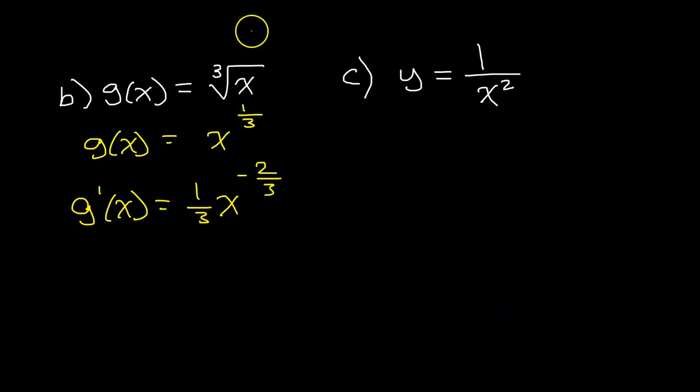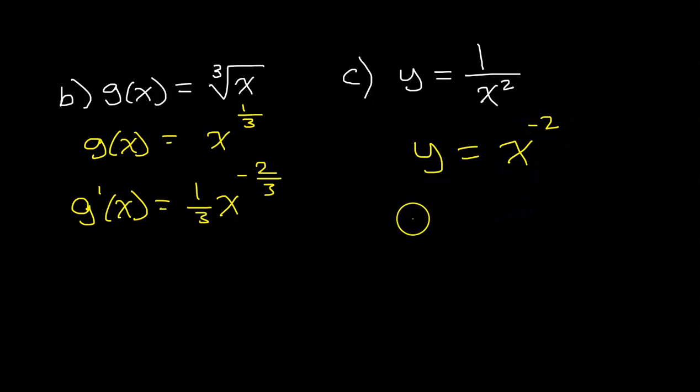So it's very often that our first step is to rewrite the function so that it fits the pattern x to the n power. How can I rewrite this function so that it fits the pattern x to the n power? Well, 1 over x squared will be the same thing as x to the negative 2 power.